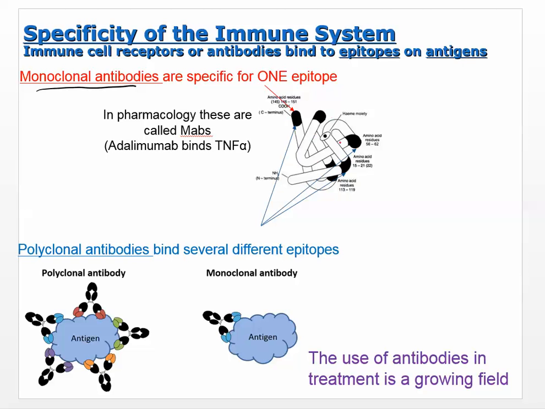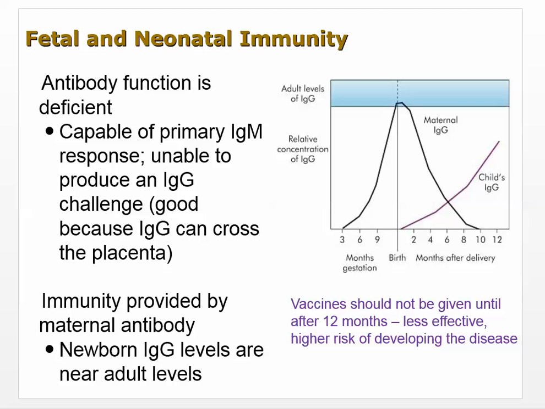Okay, so they may bind all over this antigen, this protein. So that's what a polyclonal does. And so the use of antibodies in treatment is a growing field, and it makes sense that it would be because of that specificity. Okay, but they find out that there are problems that they weren't necessarily expecting.